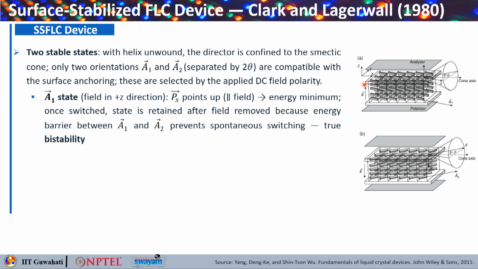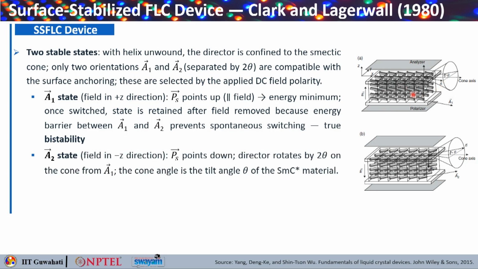This is the z direction, this is your electric field direction. So the spontaneous polarization also points up, parallel to the field, and that minimizes the energy. Once switched, the state is retained after the field is removed, because the energy barrier between A1 and A2 prevents spontaneous switching. So you are getting true bistability.